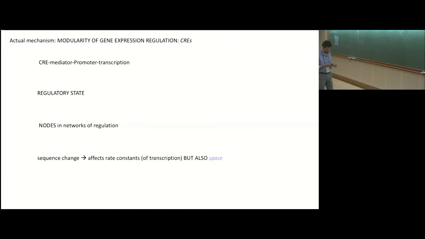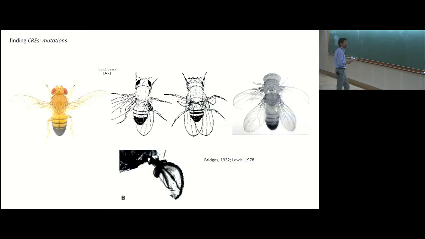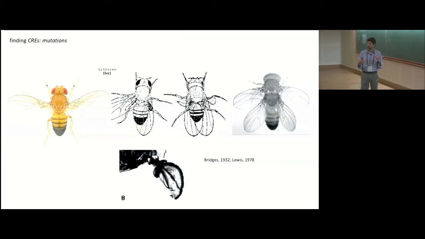Okay, that's really, really important. So I decided to throw in a number of slides showing you some experimental ways of finding these cis regulatory elements, these enhancers and repressor sequences that act regulating the activation of promoters and the transcription of genes.